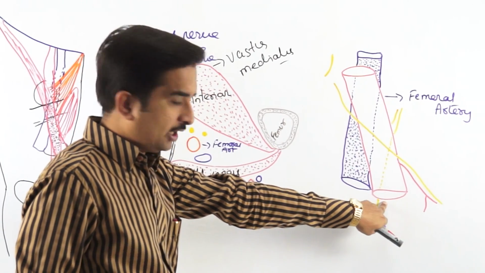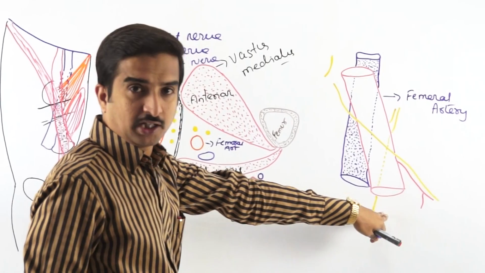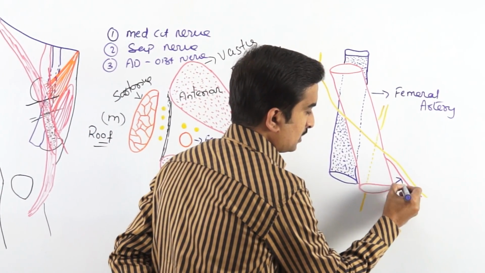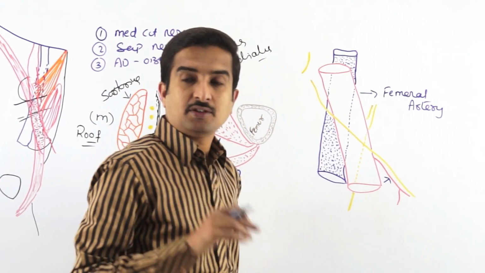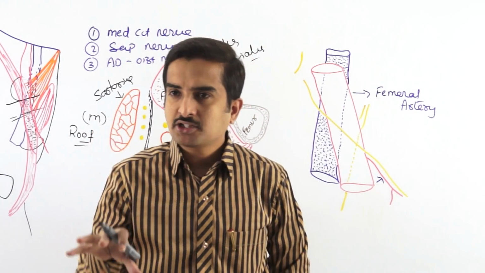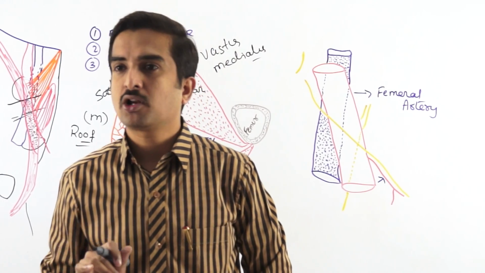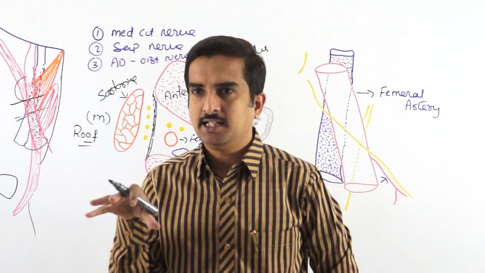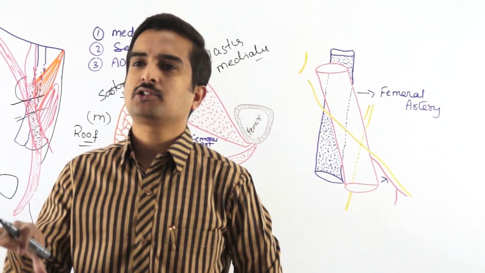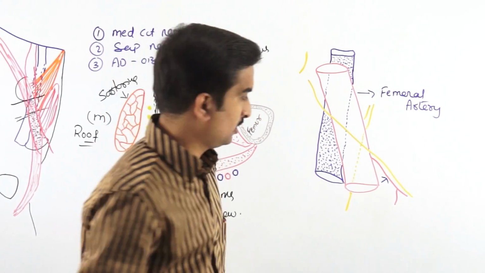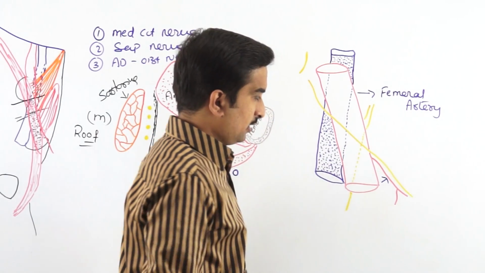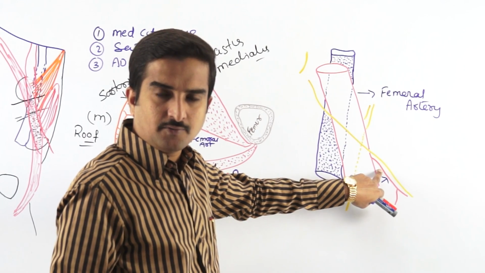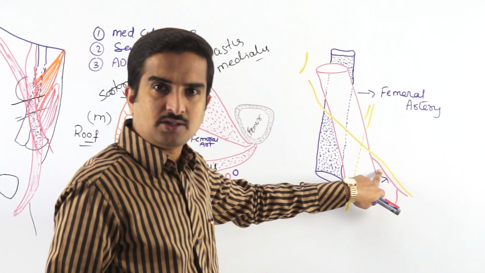In the lower part of the canal, because this is the lower part of the canal, it gives off a terminal branch, which is called the last branch of the femoral artery. The last branch of the femoral artery is called the descending genicular artery. So in the lower part of the canal, it gives off the last branch of the femoral artery, which is called the descending genicular artery.